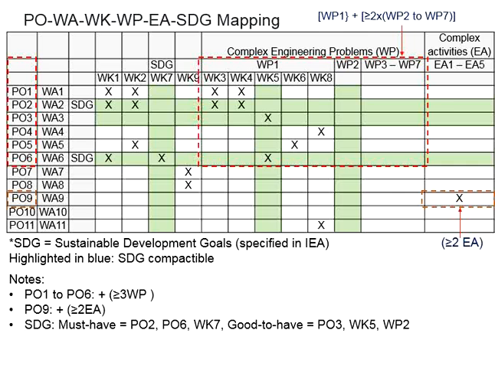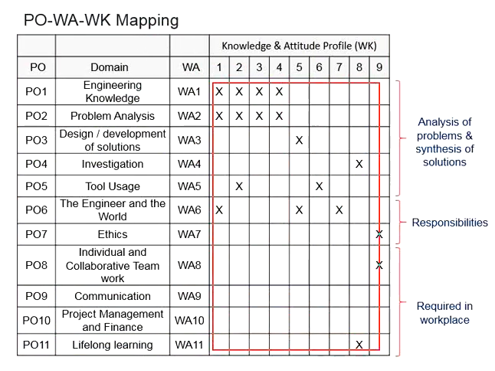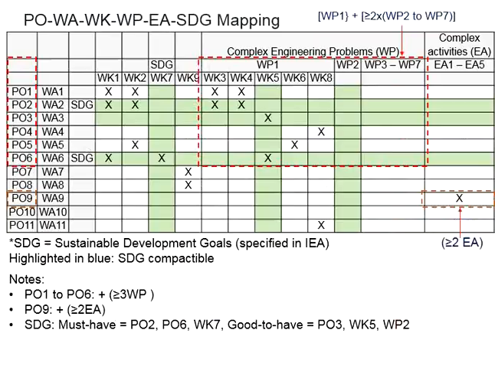How about the relationship between the knowledge profile and the graduate attributes? We discussed this in our previous videos. These are the relationship and the mapping. What we need to do is to transfer the mapping to here. Of course, it is not in the proper sequence.